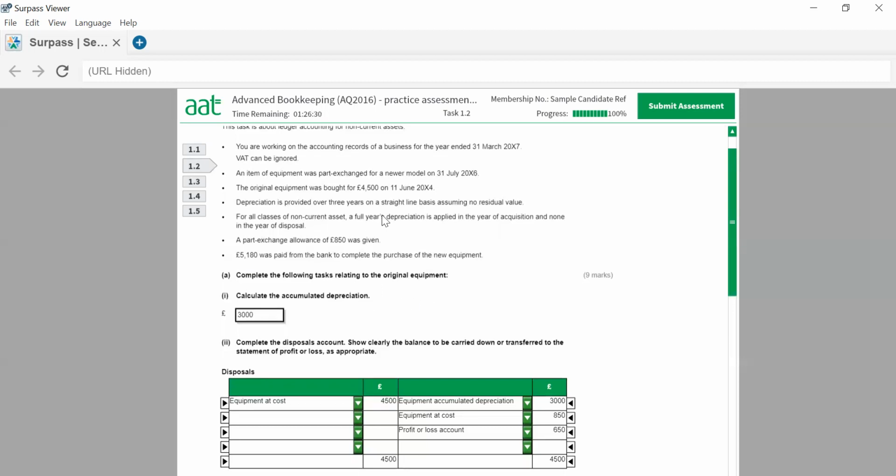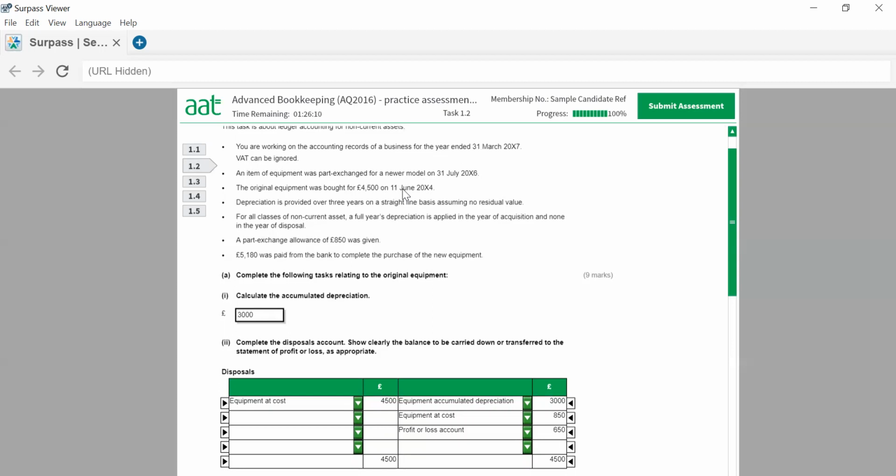So first of all, let's do the depreciation. The item of equipment was bought on the 11th of June 2004 for £4,500. Again, you charge a full year's depreciation in the year of acquisition, but not in the year of disposal.